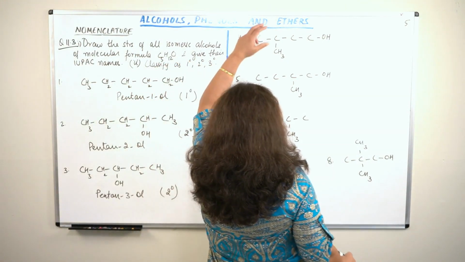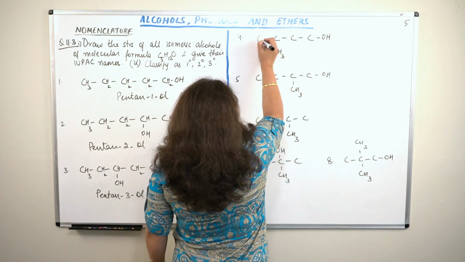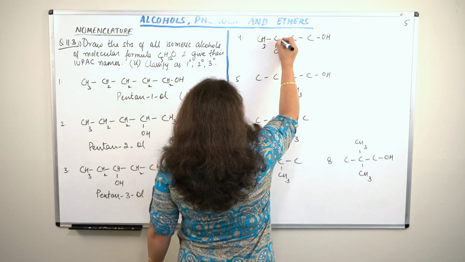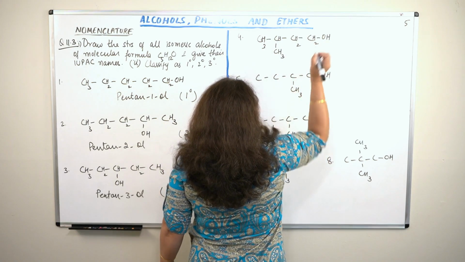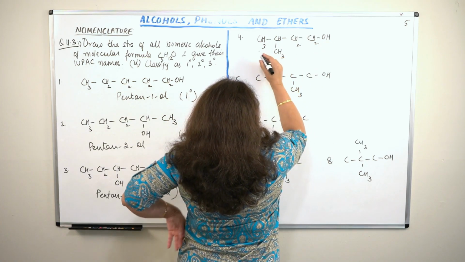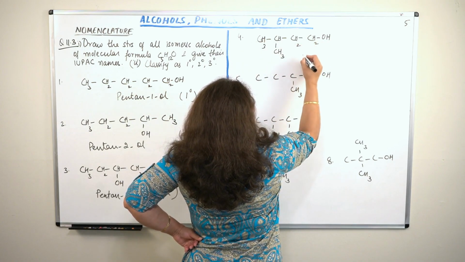Name this now. Let us first fill up the structure. CH3, CH, CH2, CH2. Okay? Now, this is butane. The parent hydrocarbon is here.